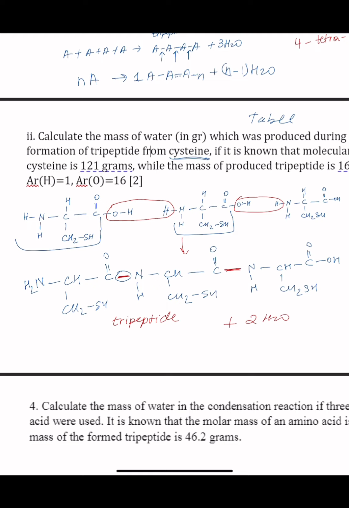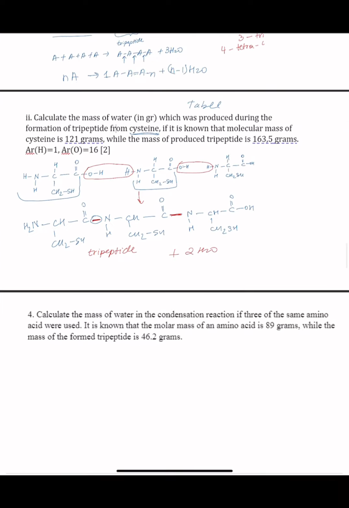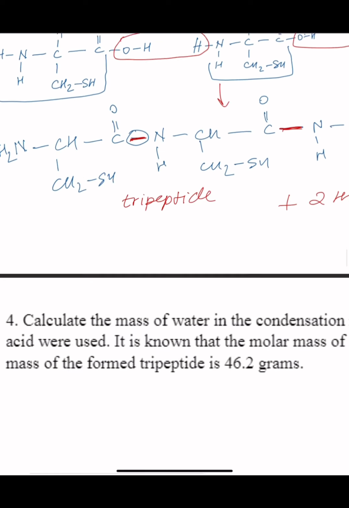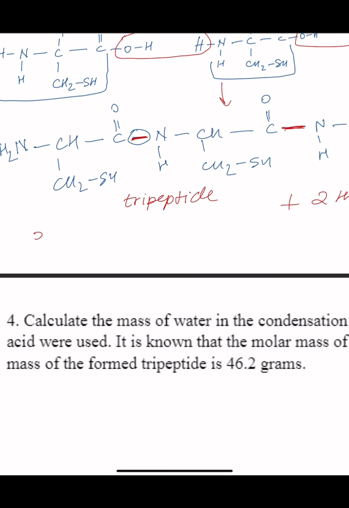Now I've been told that if I grab one cysteine, the molar mass of cysteine is 121 grams. So if we write cysteine as 3 A's, so 3 cysteines, gives you A, and you get 2 moles of water, right?